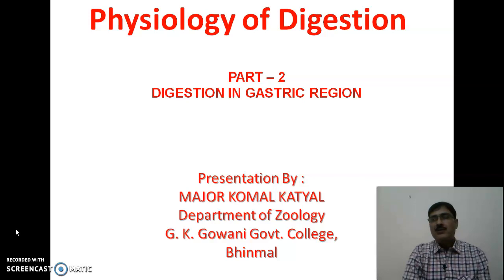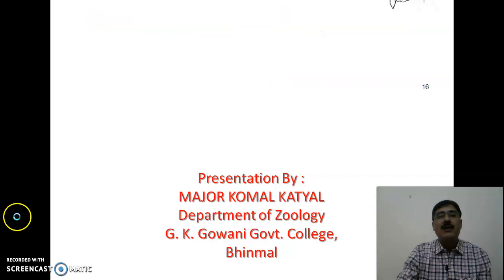After digestion in the buccal cavity, the food material is known as a bolus, and this bolus is then swallowed through the opening of the esophagus, and from the esophagus through peristaltic movement it goes to the stomach via the cardiac orifice or cardiac sphincter. This is the revision of what we have learned in my previous lecture.